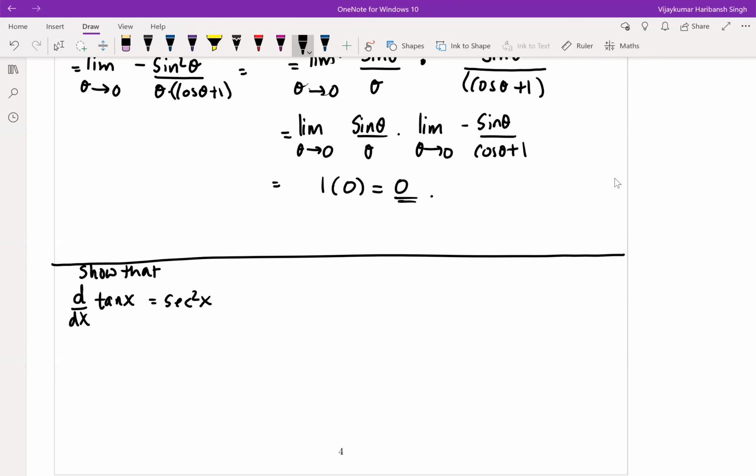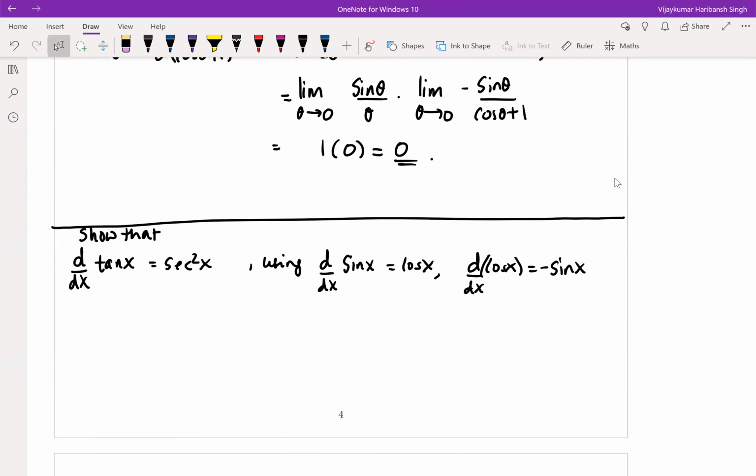You can use the derivative of sin x, which we already found out to be cos x, and derivative of cos x is minus sin x, which you can prove later as homework, or you can wait until the chain rule to see how we can derive the derivative of cos x from sin x. Okay, so let's do this problem.